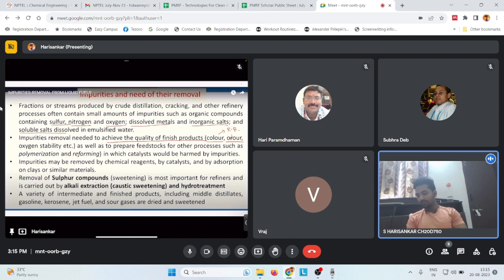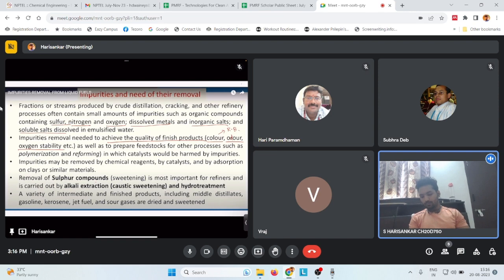And stability: a high presence of oxygen can reduce the stability of the oil and so on. So we want to improve the quality of the fuels that we produce from crude oil, and for that we need to remove these impurities, which are mainly sulfur, nitrogen, oxygen, dissolved metals, and salts.